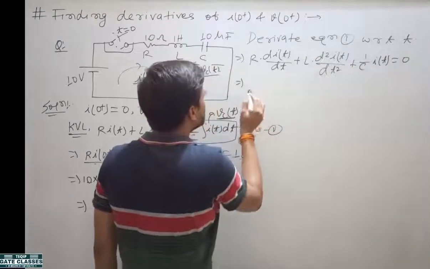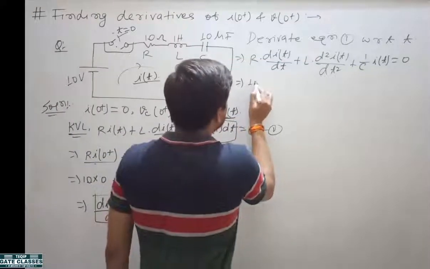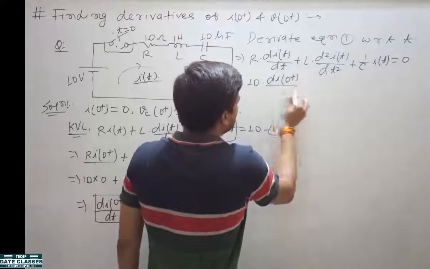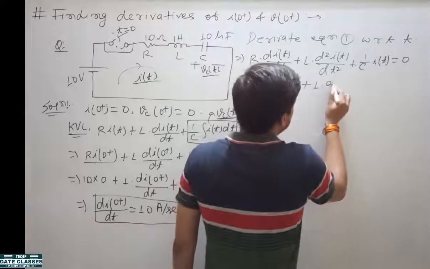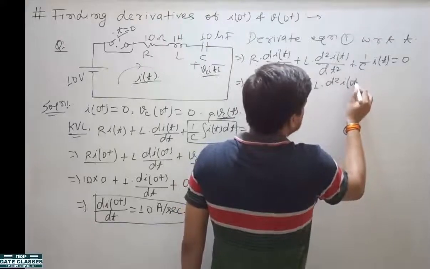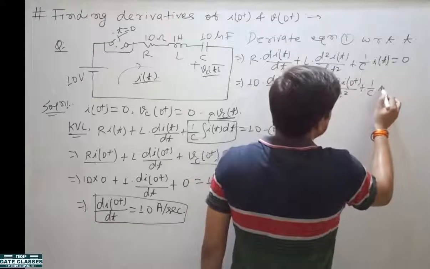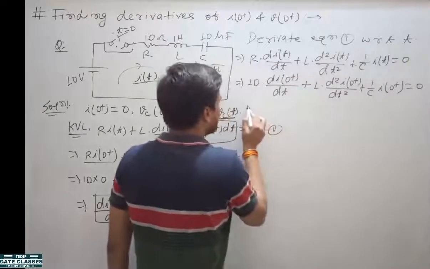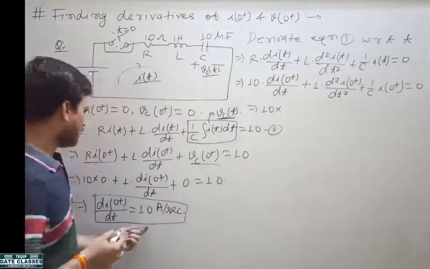So now we will put the values of R and put t equal to 0 plus. So 10 into di 0 plus upon dt plus 1 into d square i 0 plus upon dt square plus 1 by C into i 0 plus will be equal to 0. So now what will happen? 10 into di 0 plus upon dt you have already obtained.